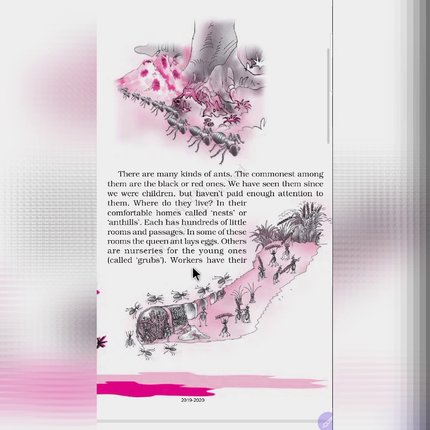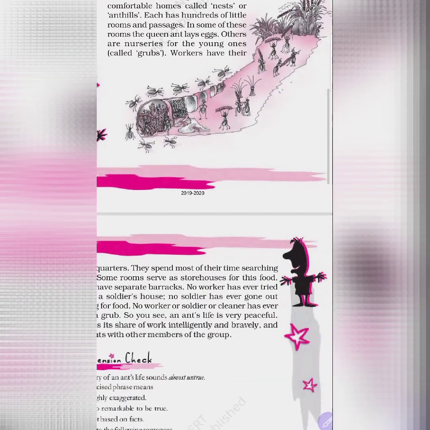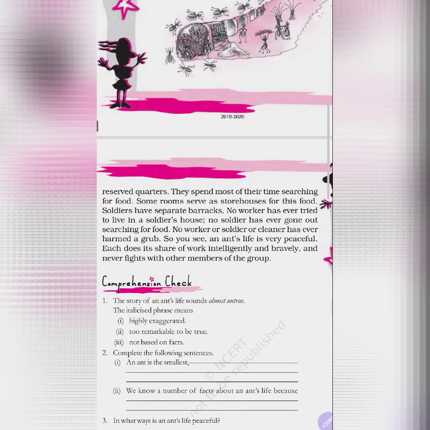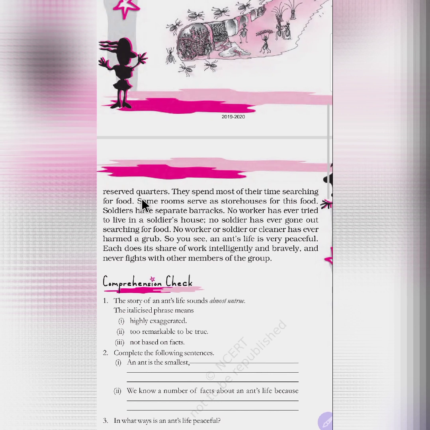Now next one, workers have their reserve quarters. As human beings, there are different professions, like some are doctors, some are teachers, and some are soldiers. In the same way, ants have also some profession like workers, and they have separated the quarters of workers.